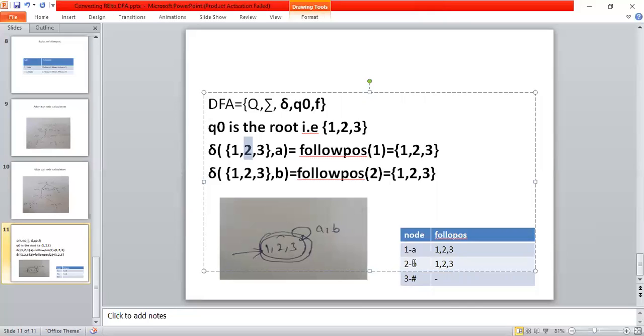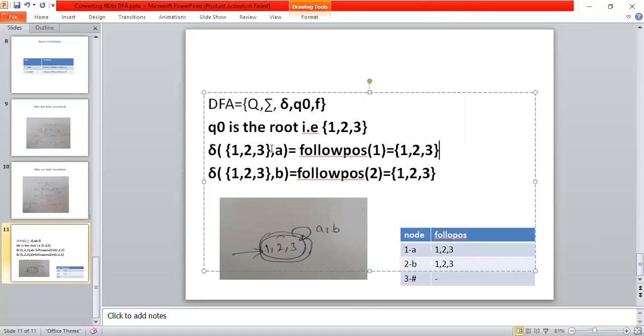No, we have 2 with B, so this value is null. And 3 with A: do you have any input? No, 3 with hash we have. So the values for 2 and 3 are null. For 1 with A, we have the state 1, 2, 3, so here I have written 1, 2, 3.